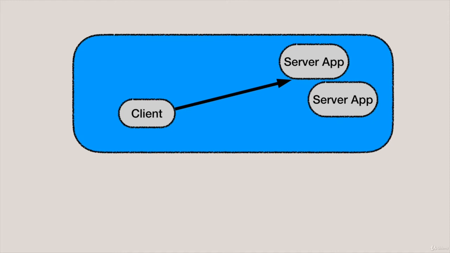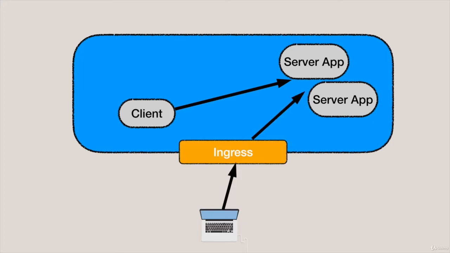The other way we might want to expose our application is outside of the Kubernetes cluster, perhaps to a different part of our organization or to the internet. We do that via ingress. If you want to just expose your application within your Kubernetes cluster, then you can just use a deployment to create the pods and a service to expose it to other applications running inside that Kubernetes cluster.